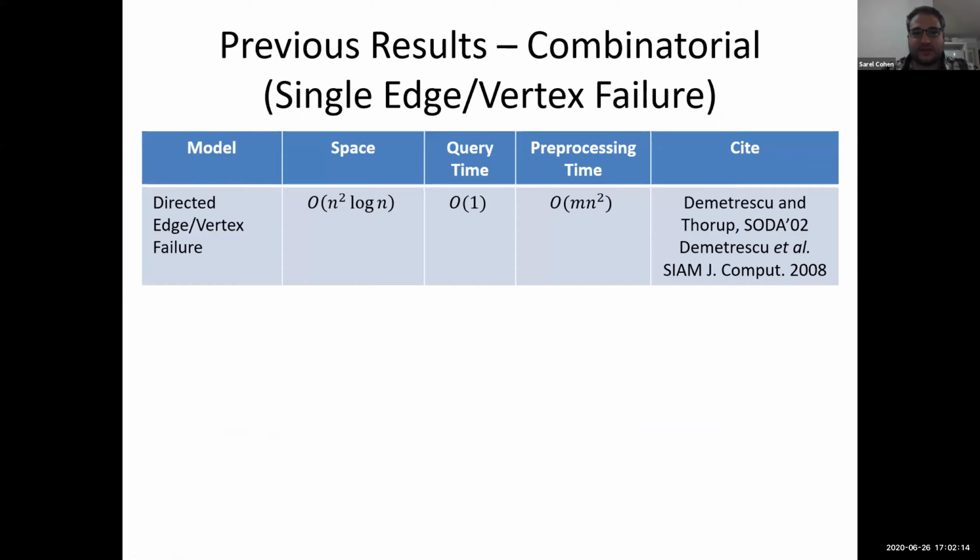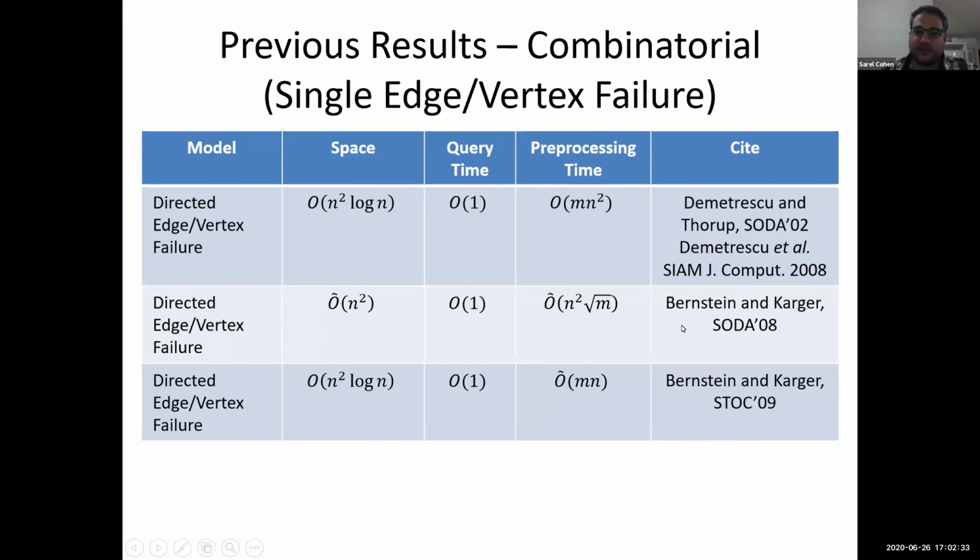We describe previous results of distance sensitivity oracles for the case of a single edge or vertex failure. Demetrescu et al. presented a distance sensitivity oracle with O of n squared log n space, constant query time, and O of mn squared preprocessing time.